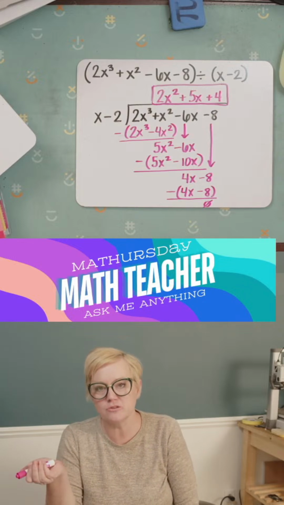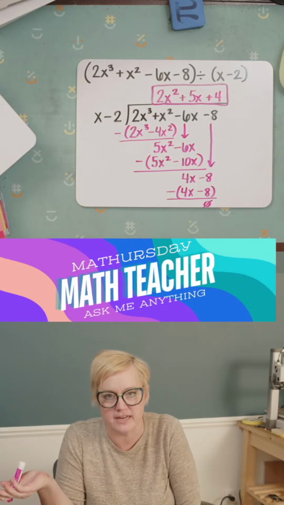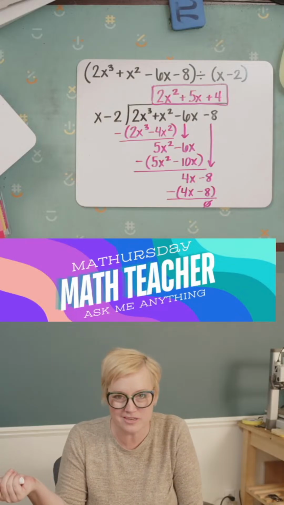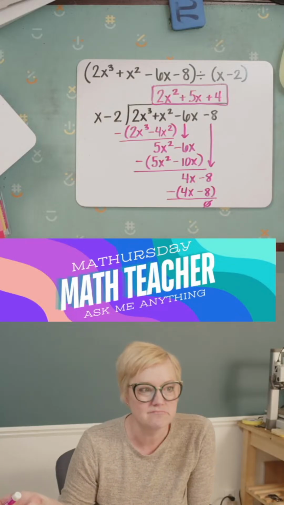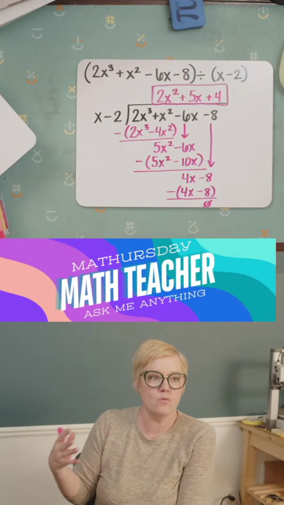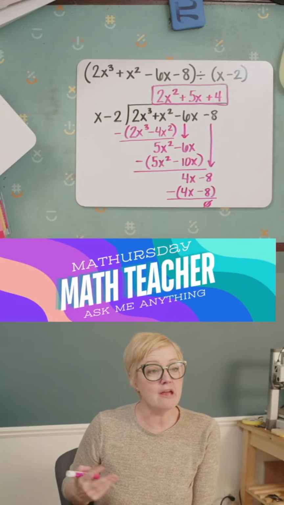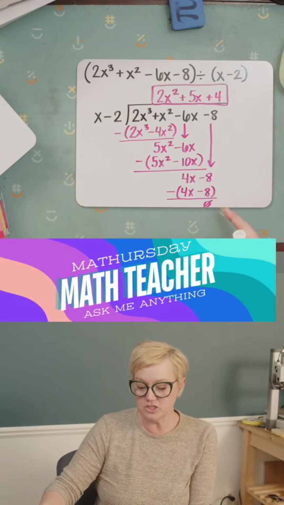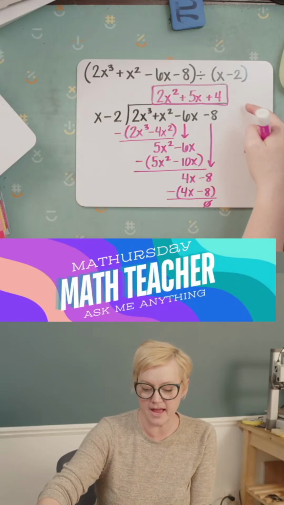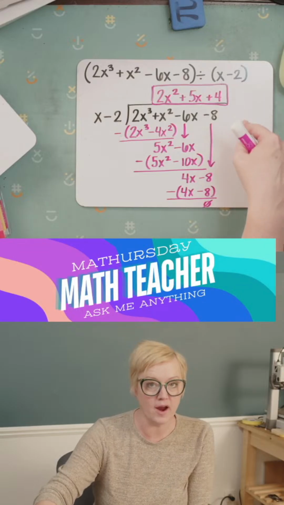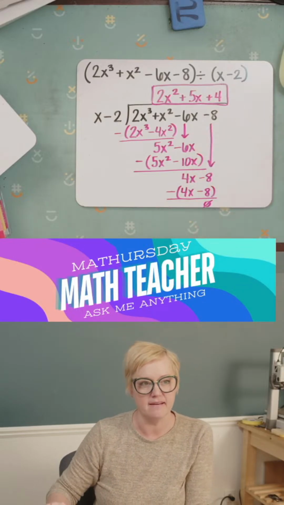It's just like I tell my students all the time, a decimal or a fraction for an answer doesn't mean it's wrong. A remainder doesn't mean it's wrong. It just is what it is. If there was a remainder, it would just be like plus 3 over x minus 2 or something like that.